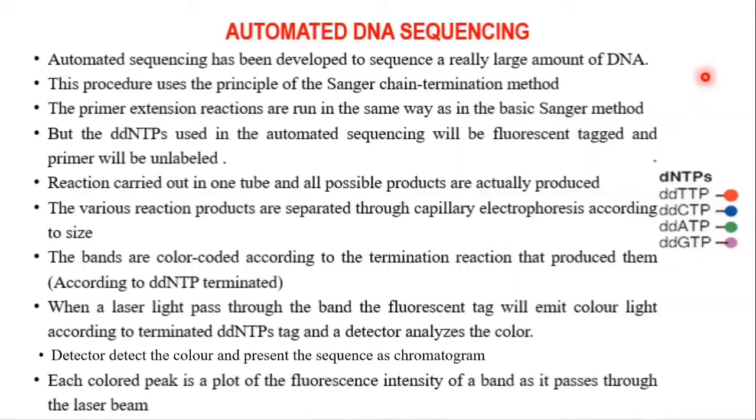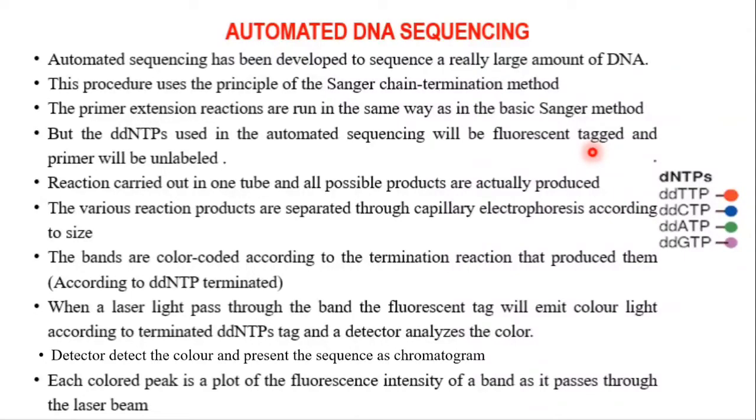But the difference is that the ddNTPs, the chain terminator nucleotides, are fluorescently tagged in automated DNA sequencing.